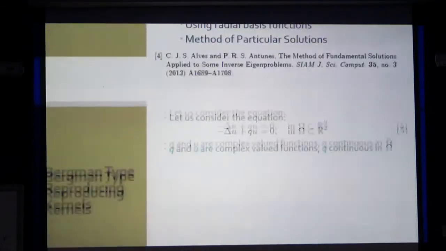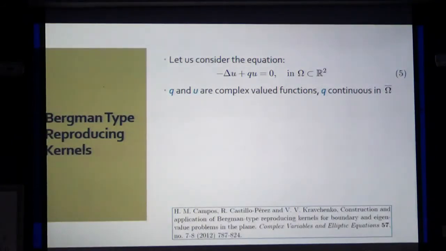And it's the following one. It is to use the so-called Bergman type reproducing kernels. What are these reproducing kernels? Well, consider this equation here, where Q and U are complex valued functions with Q continuous in the closure of the domain.